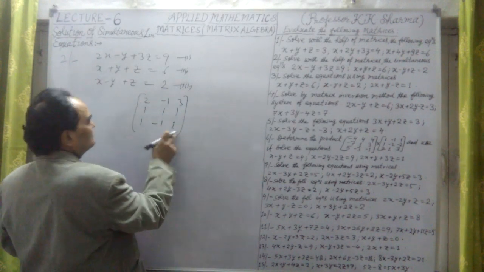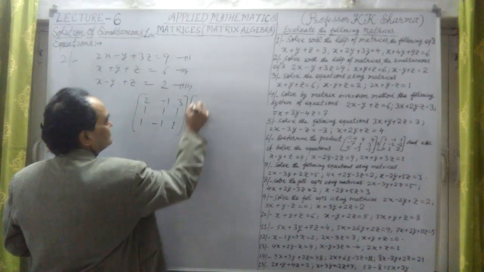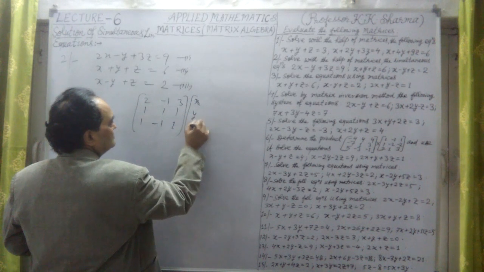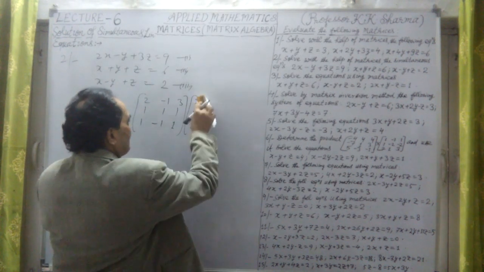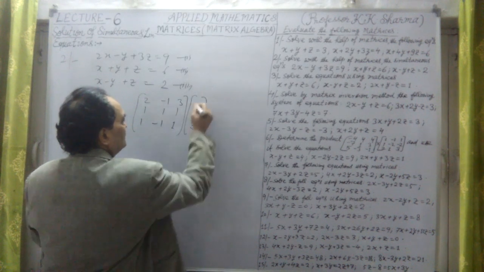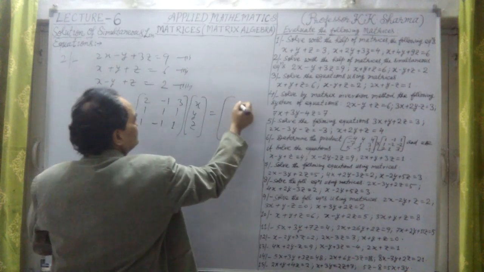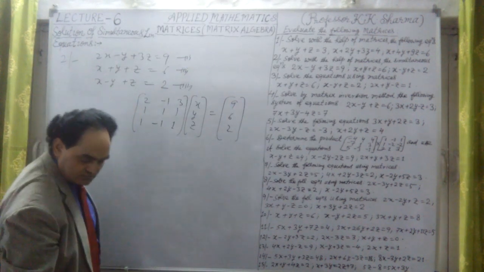This is multiplied by x, y, and z. These equations are written in this matrix form. This is equal to these values 9, 6, and 2.